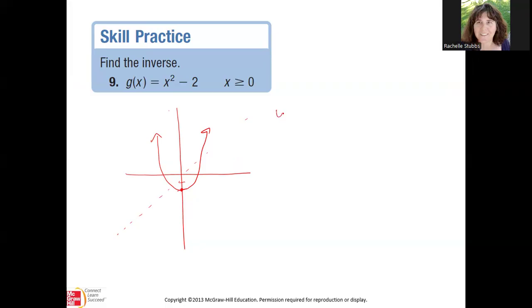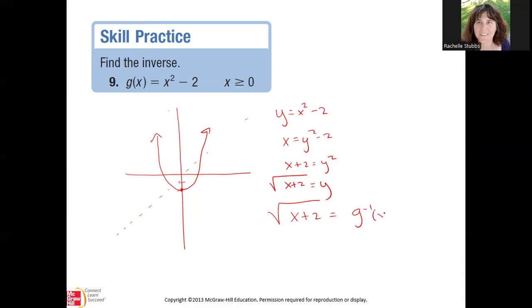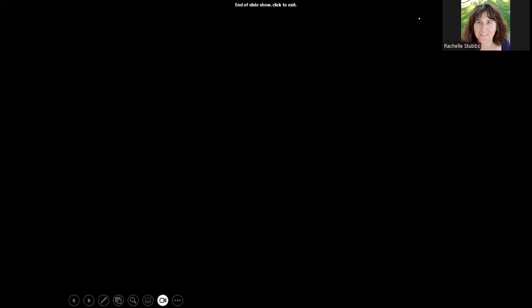So y equals x squared minus 2, or x equals y squared minus 2, or x plus 2 equals y squared, or the square root of x plus 2 equals y, and I can only do the front half of it, the positive half of it, okay? But then we want to write it in its formal form, inverse of x, like so. And that is the end of it.